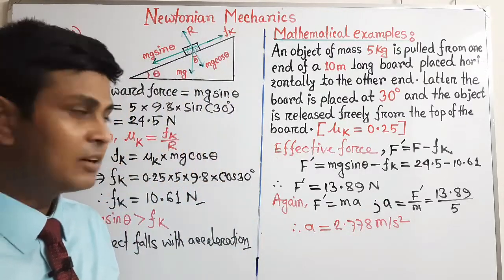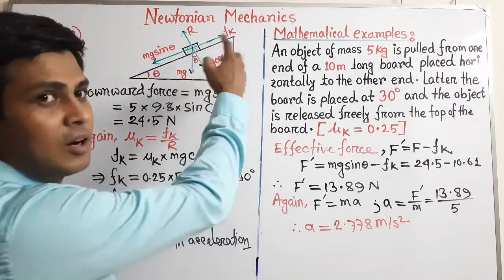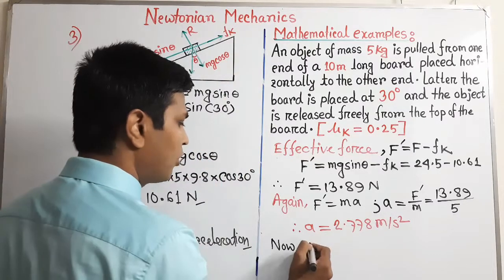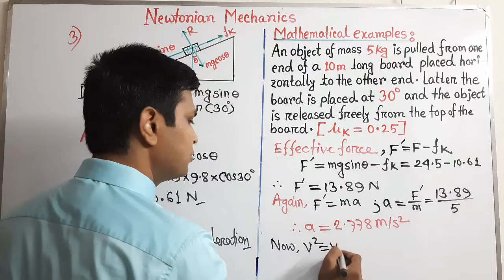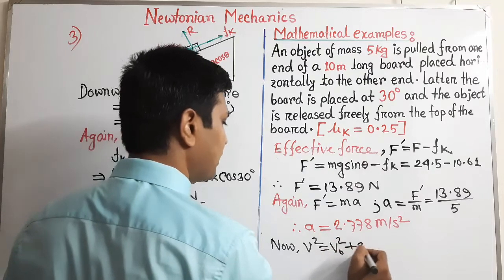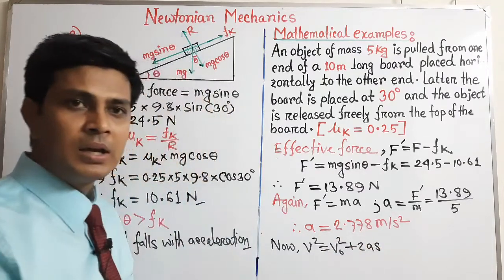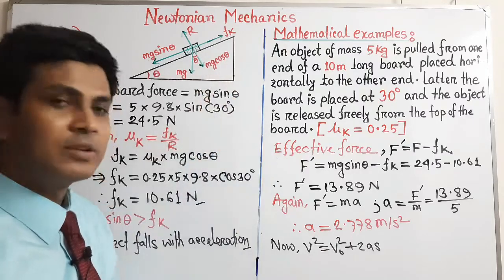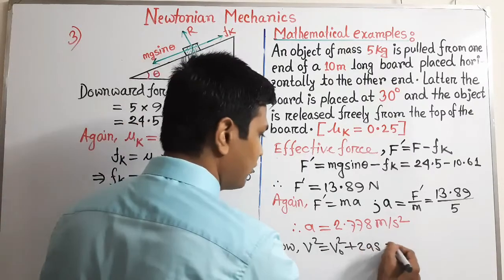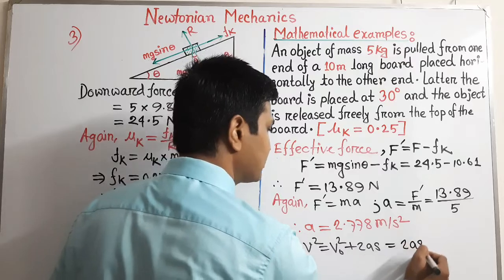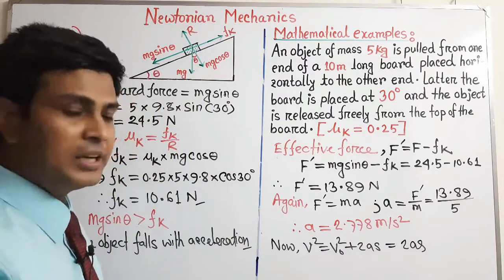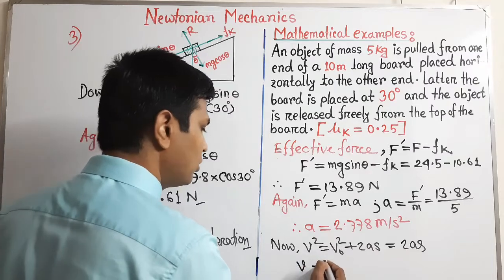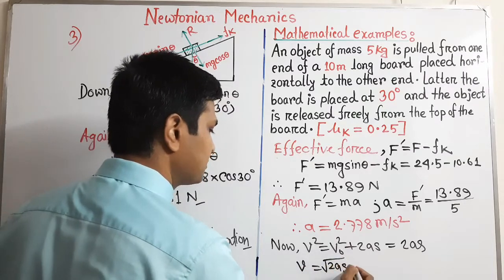Now we can calculate the velocity at which this object strikes the ground. The formula to calculate the velocity is v square equals v naught square plus 2as. As the object starts falling freely, the initial velocity is 0, so we have only 2as remaining. So v equals square root of 2as.